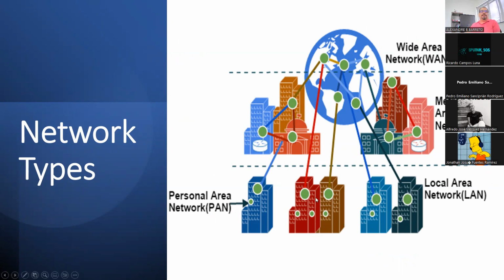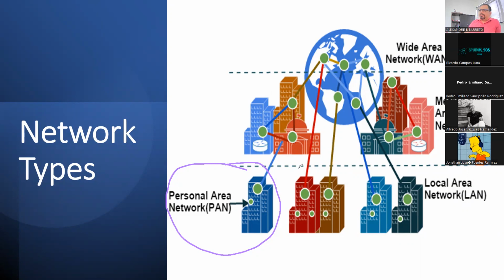I will try to explain here. The first type of network is the personal area network. Can you give me an example of a personal area network? I define a personal area network as a network of personal things. For example, the network that connects my smartphone with my watch is a personal area network.